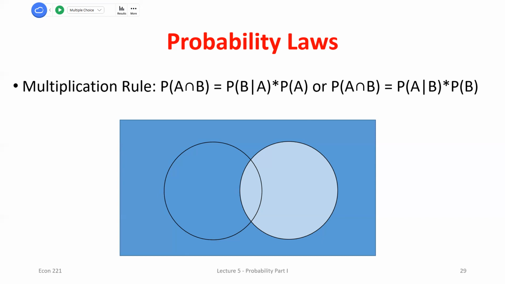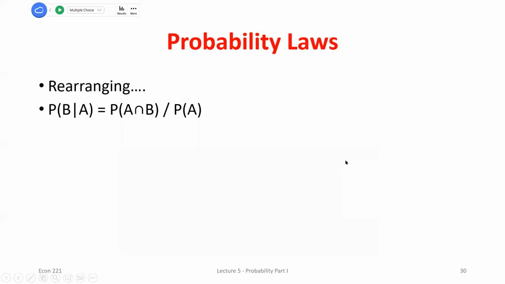Well, overlaps, we should kind of be thinking already, this is the intersection. All right. So I've really got the conditional probability is the intersection of those two events divided by whatever I'm conditioning on.